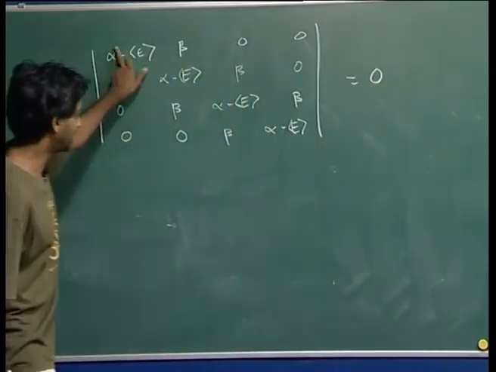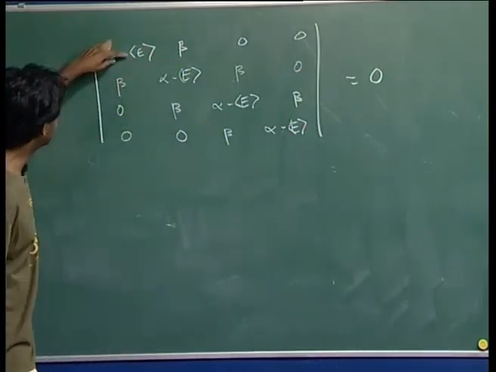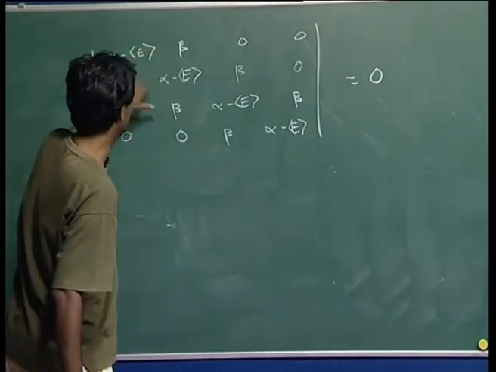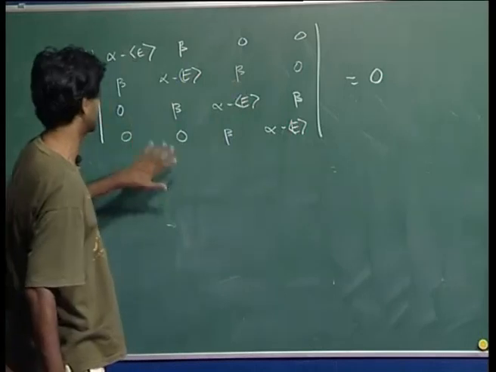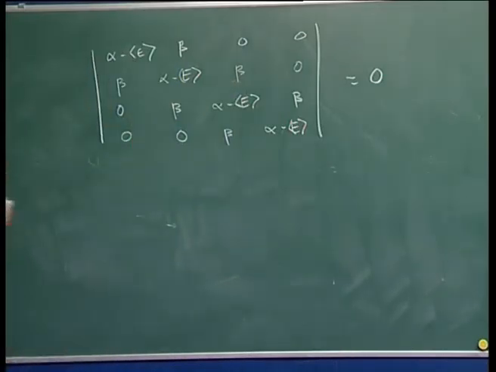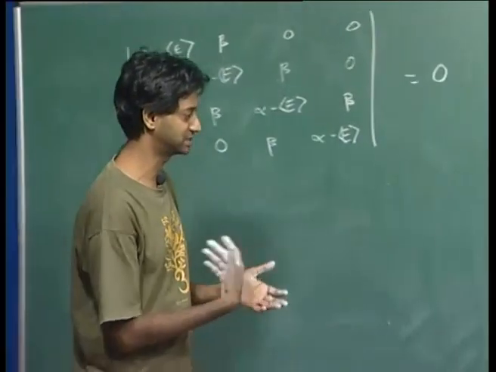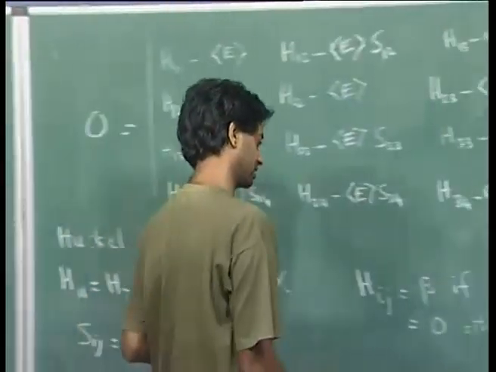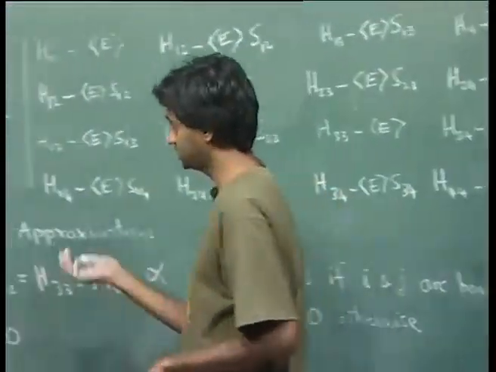So notice that alpha minus E is along the diagonals and beta is just next to the diagonals. Everywhere else you have 0. And this theory can be extended to much larger systems. I just took 1,3-butadiene, but you could extend it to benzene. You could extend it to other conjugated polyenes, and this works.